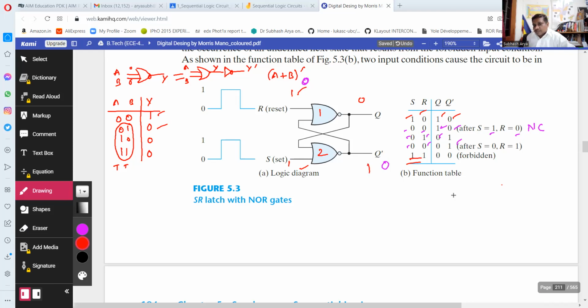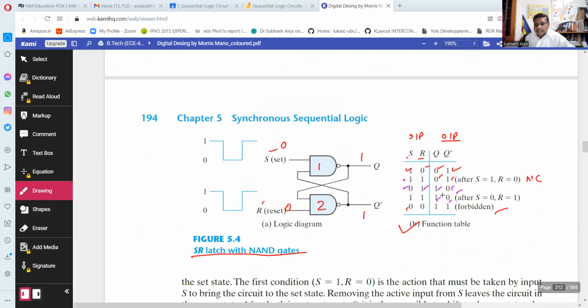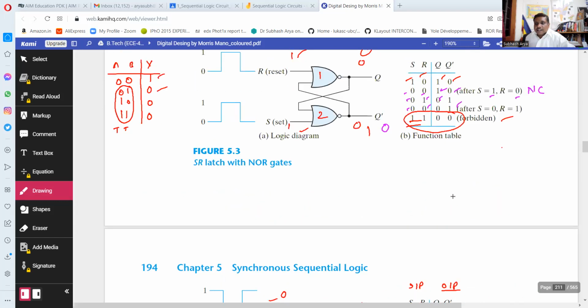But as per the truth table, any one makes output 0. So here it wants to be 0, here also it wants to be 0, which is not a permissible state. That is forbidden. So this is the basic difference between a latch made by NOR gates and a latch made by NAND gates. Here the 0, 0 state is forbidden, and here the 1, 1 state is forbidden.